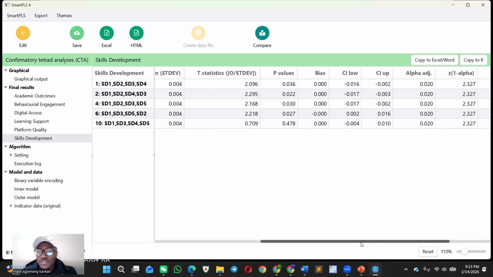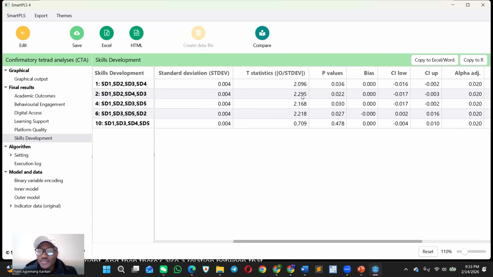And there's also a relationship between that and the t-statistics. There's a relationship between t-statistics and p-value. So there's a range. If it is above 2.1 or something like that, you can find out for yourself, and normally if it's above a certain threshold, either 1.96 or something like that, that's where you get your p-values to be significant.